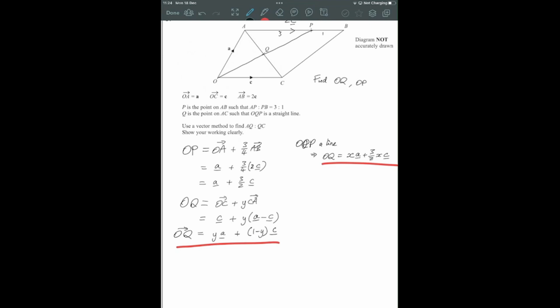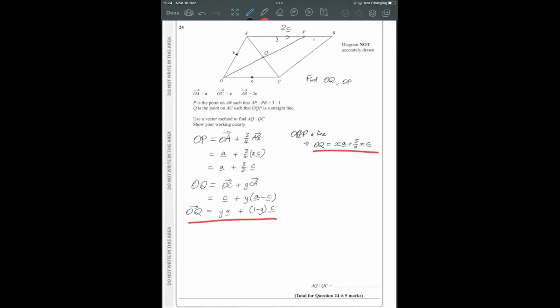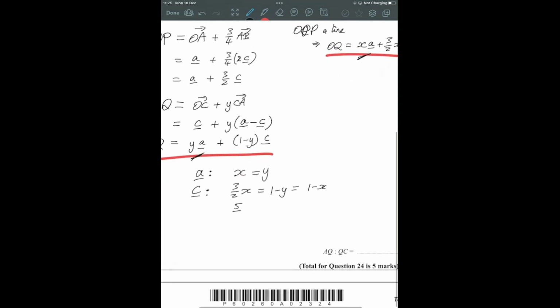So these two ways have to be the same. By looking at the a's, the x from the one up here has to match the y from the one down here. So x is just equal to y. Looking at the c's, the 3 over 2 x has to equal 1 minus y. We know that's now 1 minus x, because x equals y. Adding x to both sides and solving is telling me that x and y are both 2/5.